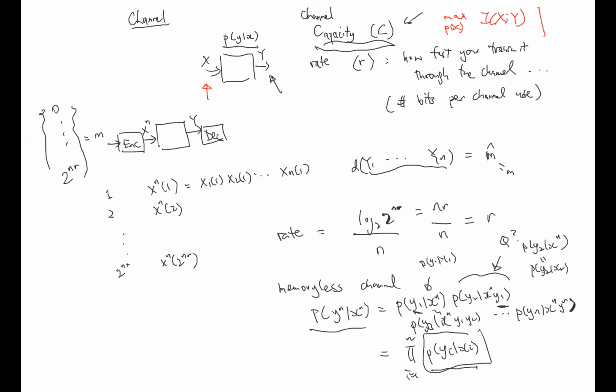But at least I will give an overview of the forward proof, to show that as long as your rate is less than the capacity, you'll be able to find a code such that you can transmit the message losslessly. The proof is really neat, really amazing, because it is non-constructive. It uses a random coding argument.